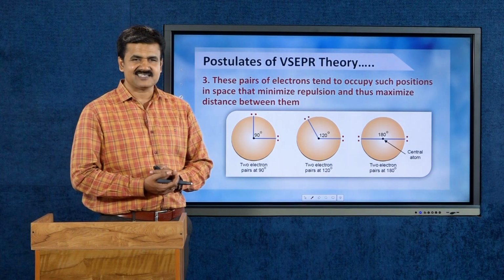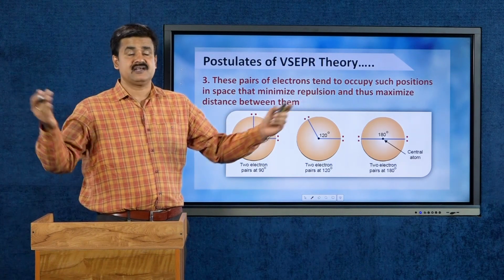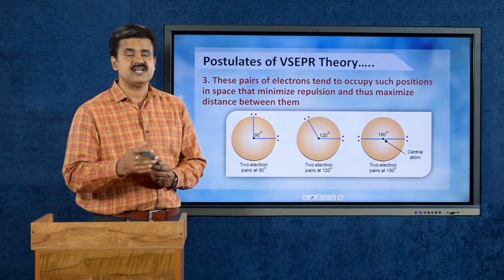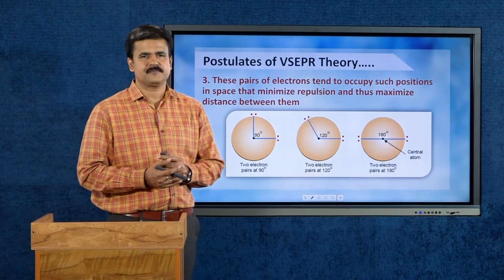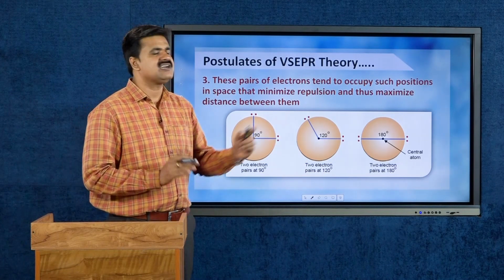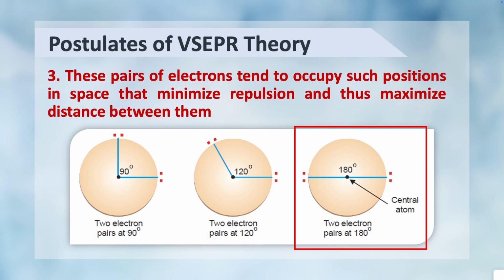It is very clear that in the last arrangement, the two electron pairs are separated at an angle of 180 degrees. That leads to minimum repulsion and maximum stability. So among these three arrangements, the most stable situation is the last arrangement, and the stable bond angle is equal to 180 degrees.